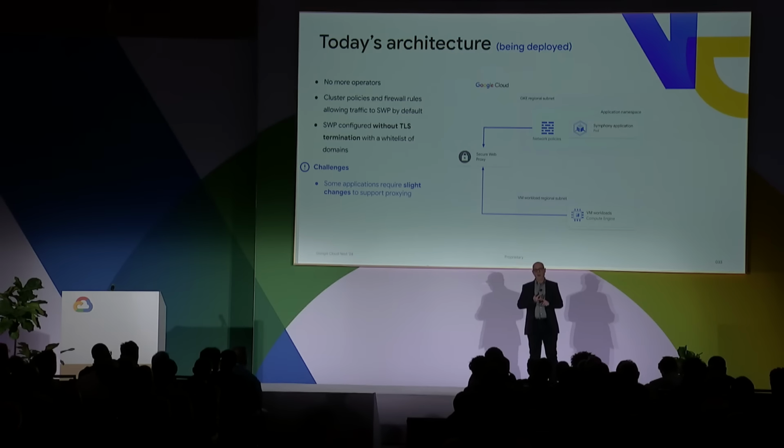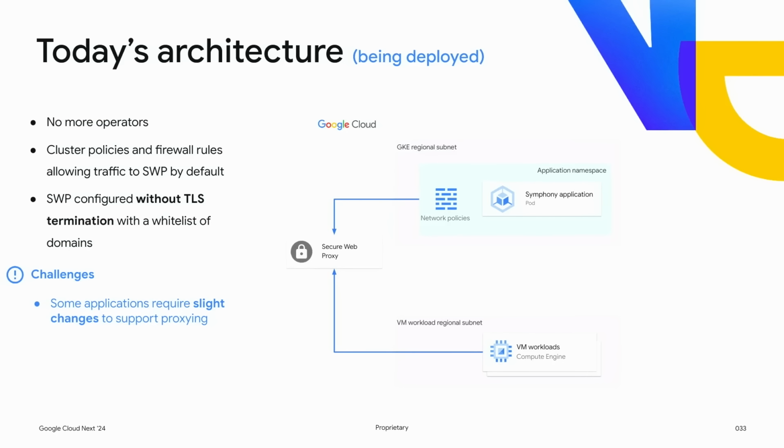So simple network policies: for egress traffic, you go to the proxy. We don't have to manage IP address consistency between firewall rules. Everything is logical. We have logical routes for that. And the only exception we made is that we don't enable TLS termination in the Secure Web Proxy, for various reasons, and we whitelist the domains we want to target.